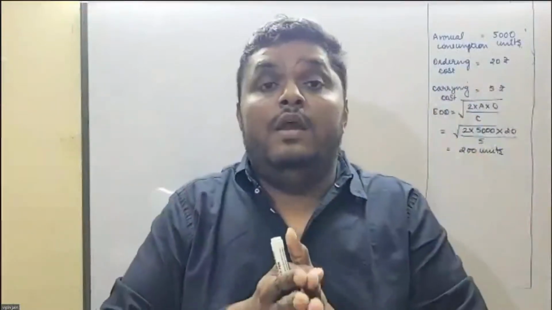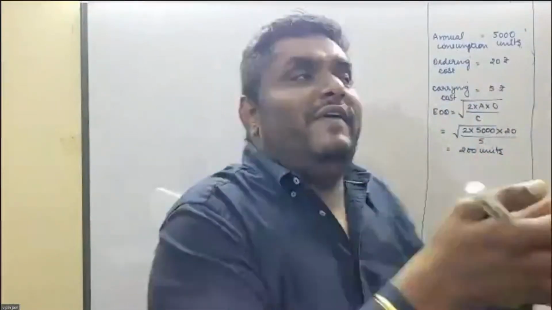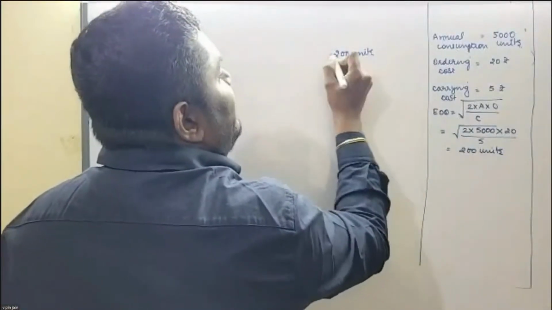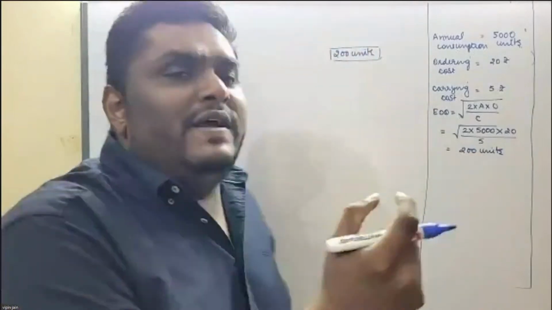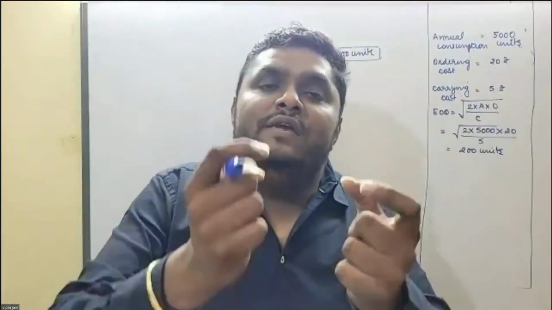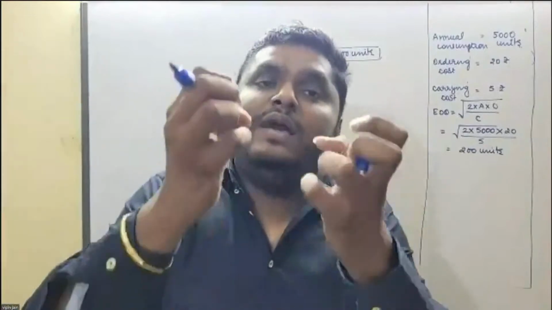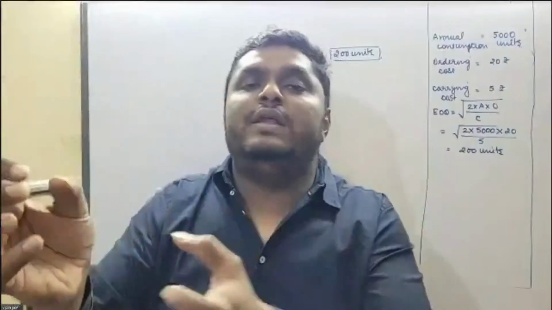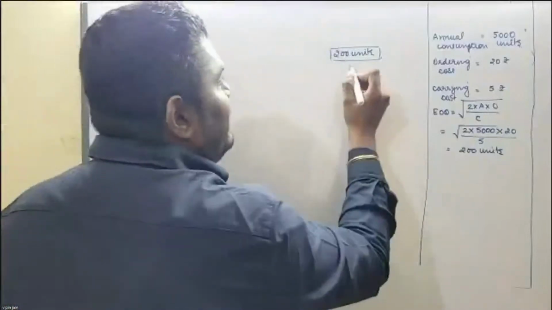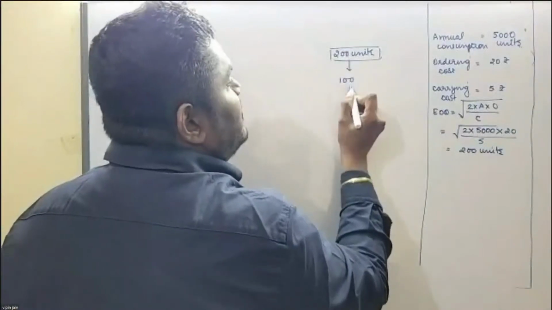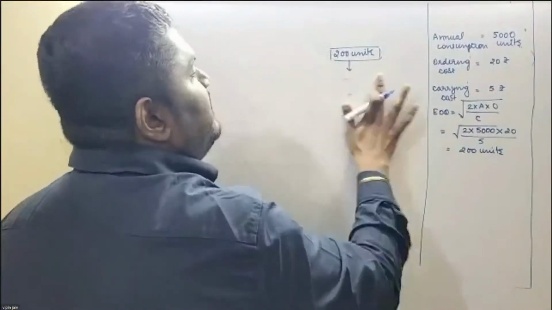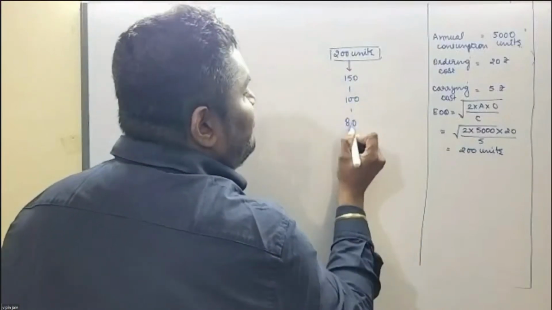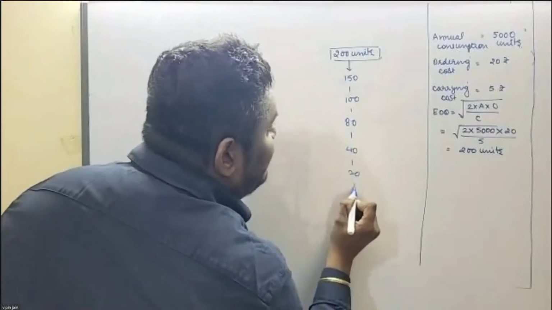200 units. Now the point is, 200 units हमारी factory में आ गए. 200 units we have received in our factory, and once these 200 units are received, we will issue them for production. प्रोडक्शन के लिए इशू करेंगे. कभी 10 यूनिट इशू करेंगे, कभी 20 यूनिट, कभी 50 यूनिट, एंड देयर बाय हमारा स्टॉक कम होता जाएगा. 200 से 150 होगा, फिर 100, फिर 80, फिर 40, फिर 20, और फिर 0 हो जाएगा.